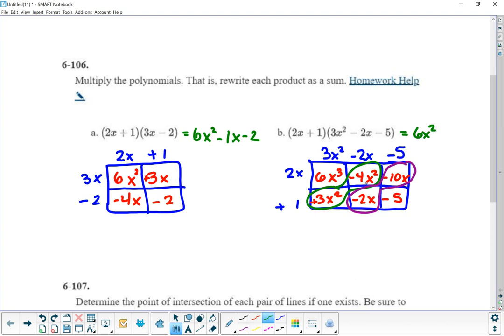Combine the 3x squared and the negative 4x makes minus 1x squared. Oh, this first one I messed up on. That should be 6x to the third power. Next one, combine the negative 2x and the negative 10x makes negative 12x, and then minus 5 at the end.